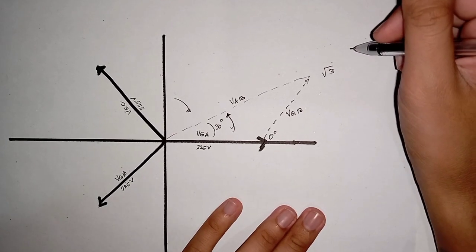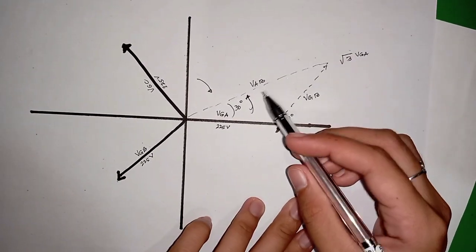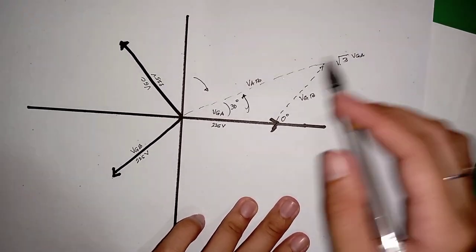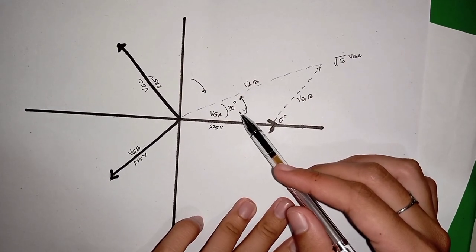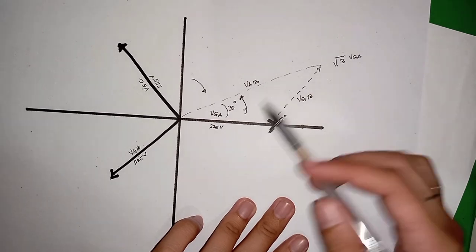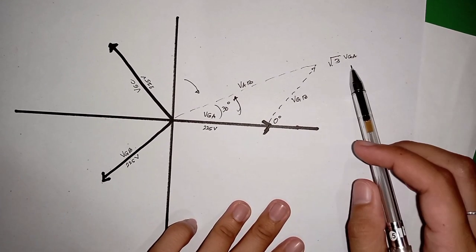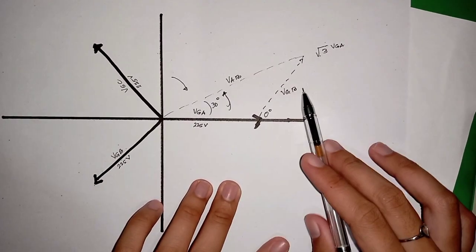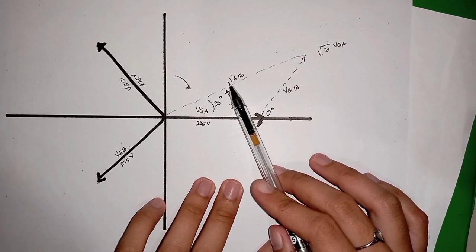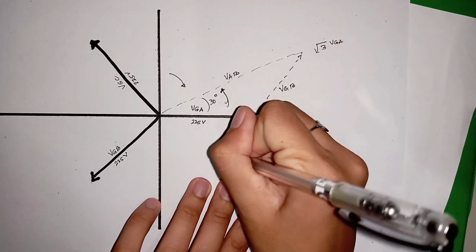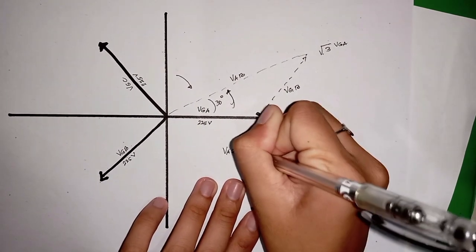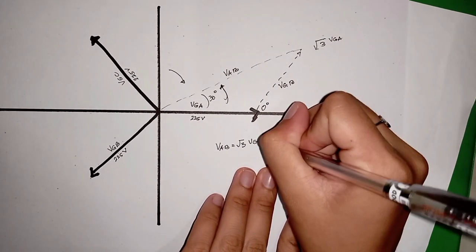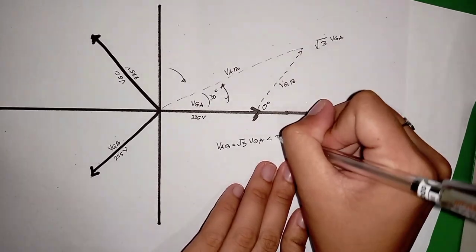So it lines up with VAB. Now we shift VGA by 30 degrees counterclockwise and multiply it by square root of 3. VGA times square root of 3 overlaps VAB, which means that VAB is equal to square root of 3 VGA rotated by 30 degrees.